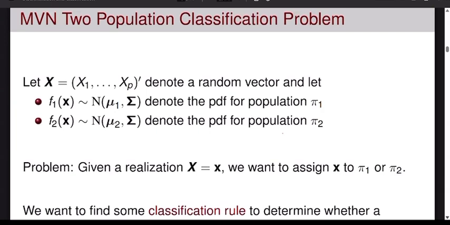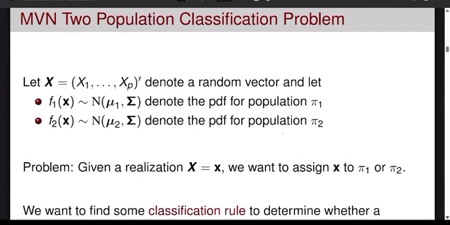Now, right now, I want you to take a look at this. It's going to be multivariate because so many features are going to be involved, and the requirement is to be multivariate normal. So take a look at that: X1, X2, X3 up to XP. Maybe I'm talking about the income, the balance on your account, your credit score, and so on. I have X1, X2 up to XP.